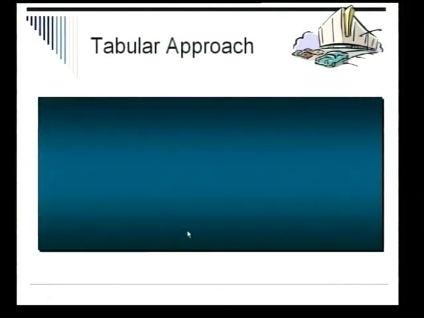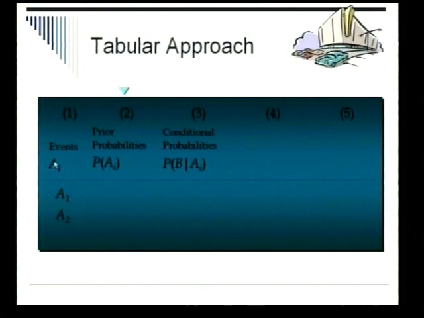The prior probabilities are 0.7 and 0.3, which we have already assumed, and the conditional probabilities after the planning board's decision are 0.2 and 0.9.